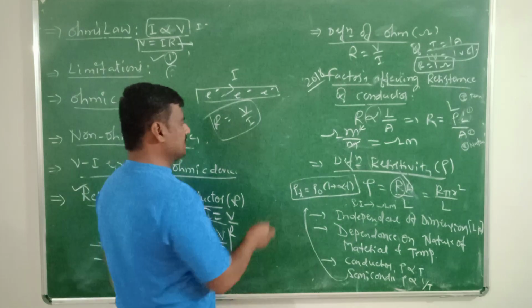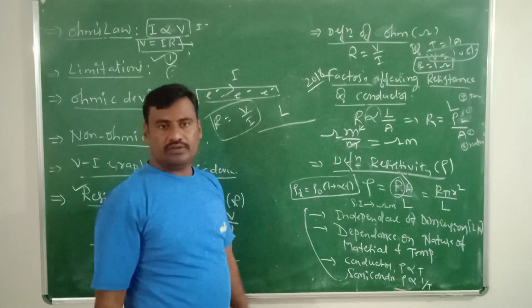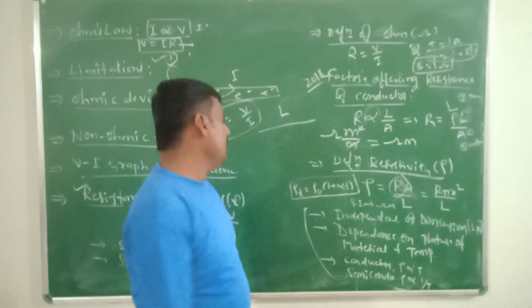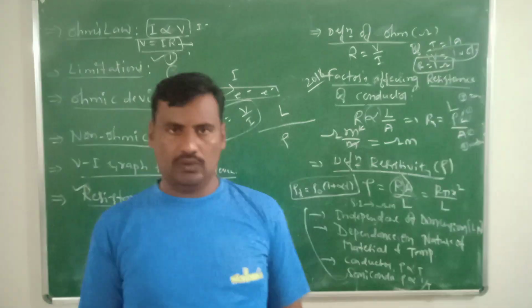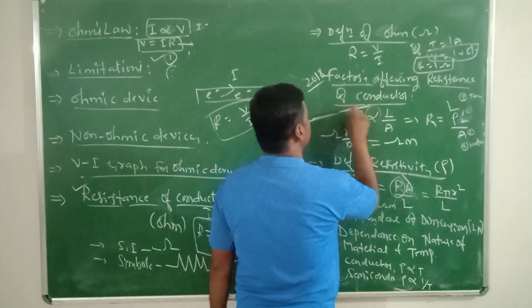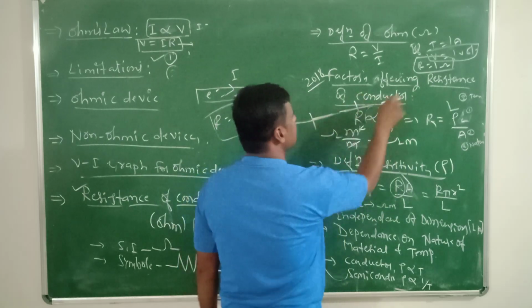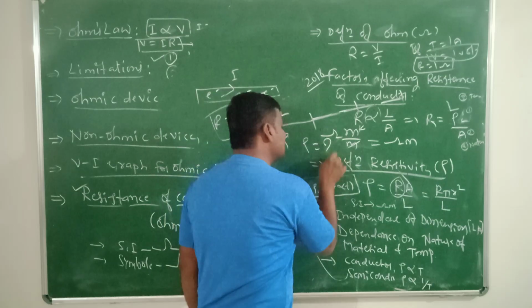Now say students, for example, I am taking L as the length of the wire, and this wire has resistivity rho. For example, this length I am increasing to two times its initial length. Then what will happen to the resistivity?